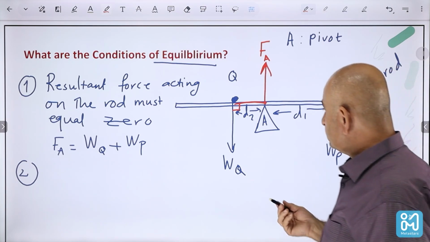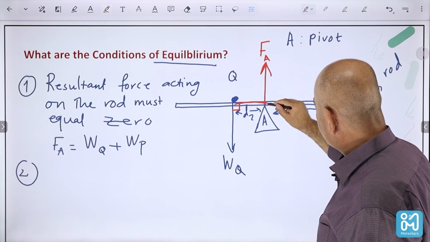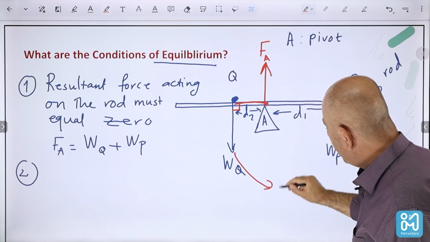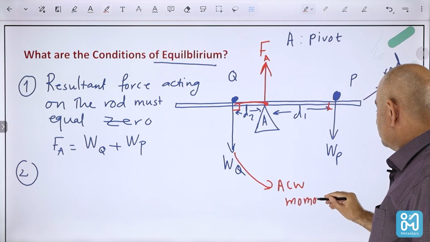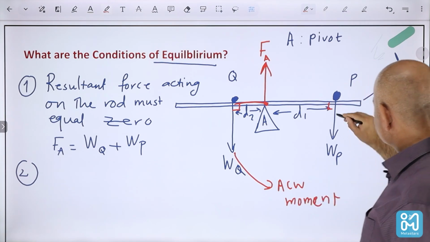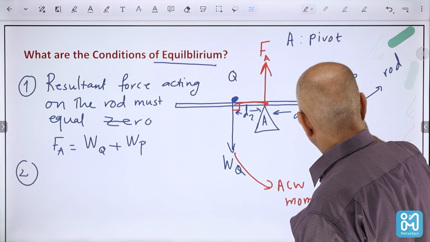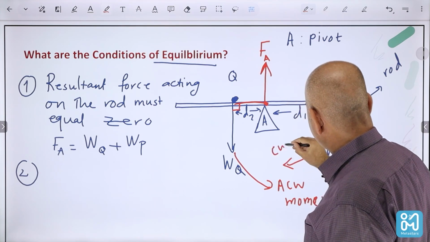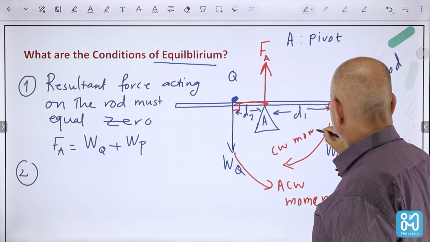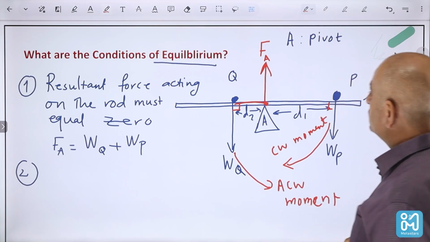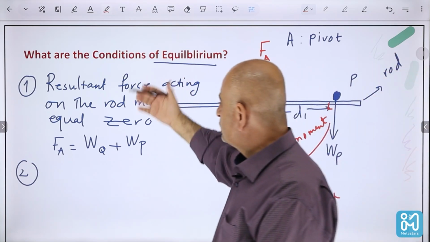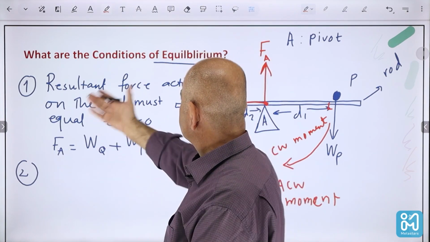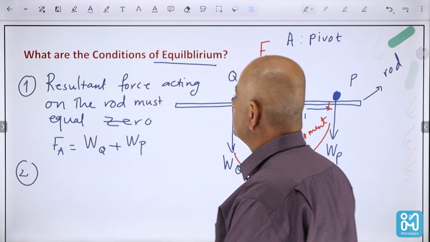Notice that if this is the pivot, this is going to produce what? Anti-clockwise moment. And about the pivot A, this is going to produce a clockwise moment.